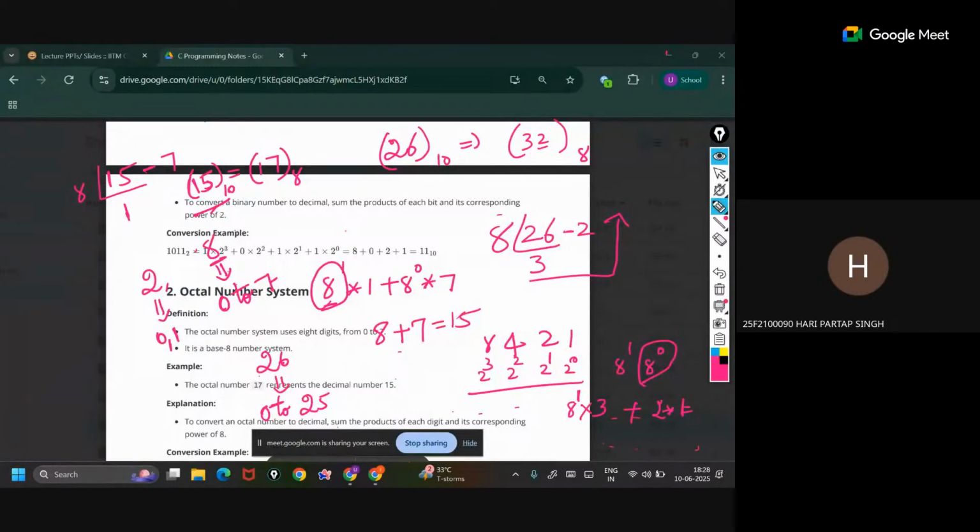Great. So can I give you some other numbers to convert to base 8? Okay, great.